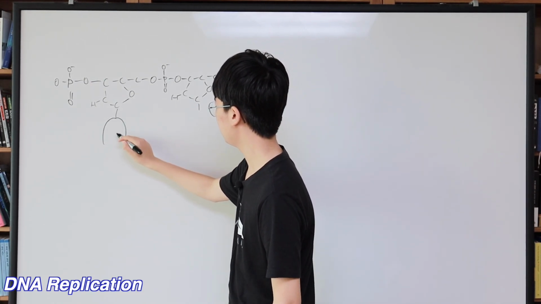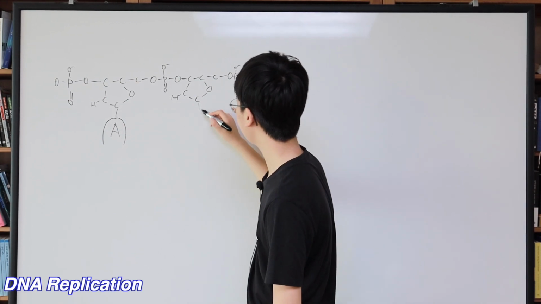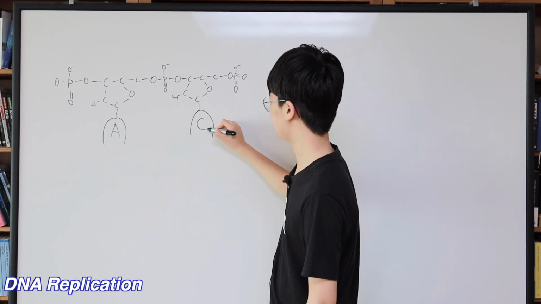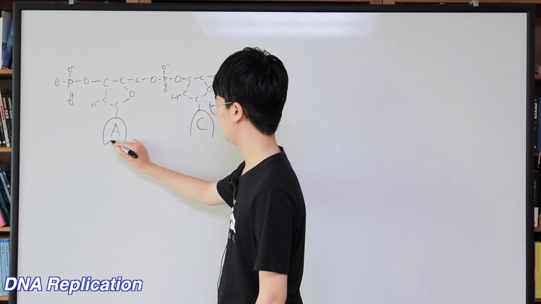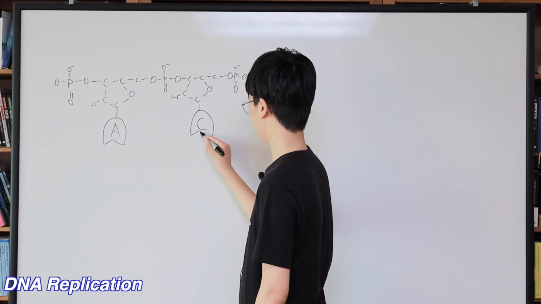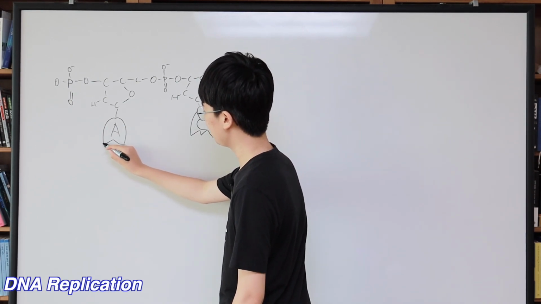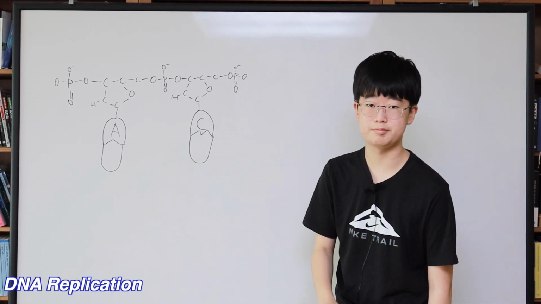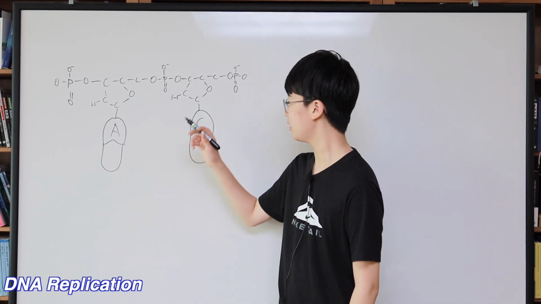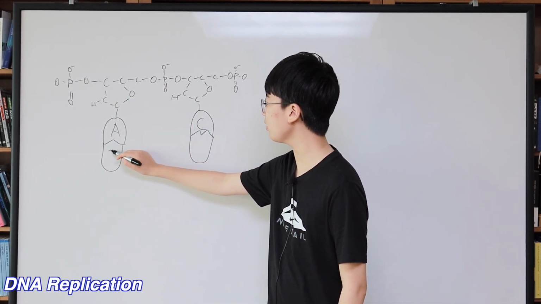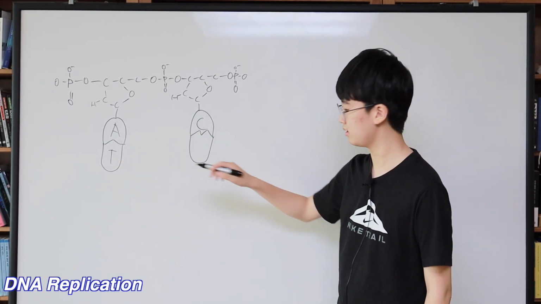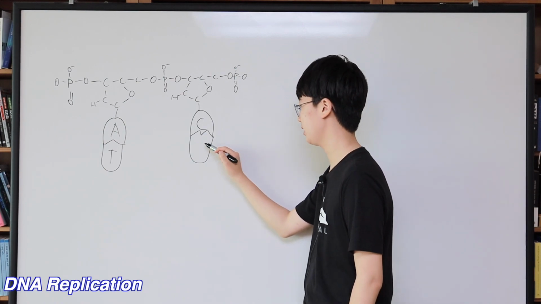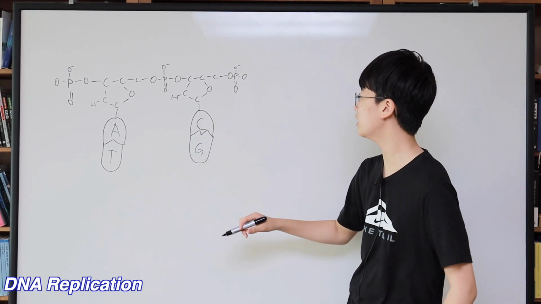So I'm gonna draw A, and I'm gonna draw over here a C, and onto them there is another nucleic acid base attached to it. For A, it always is T, thymine, and for C, cytosine, it is always the guanine, the G.